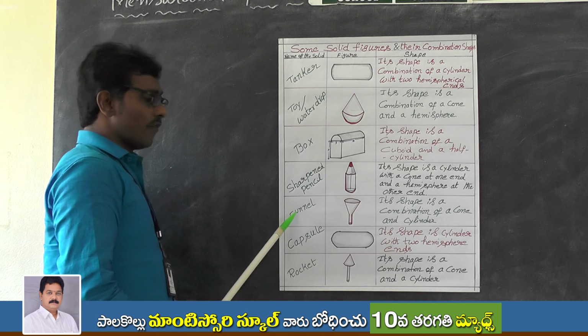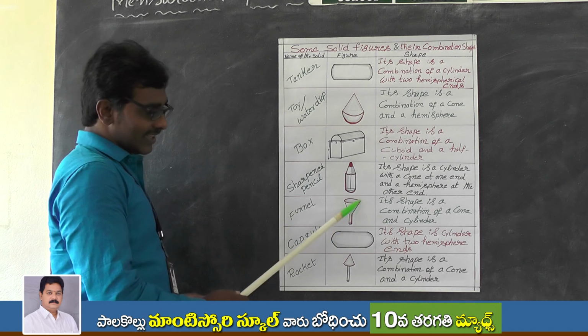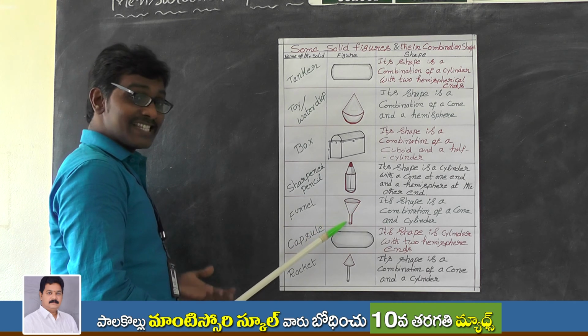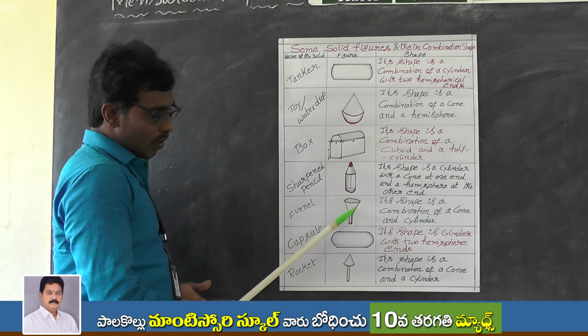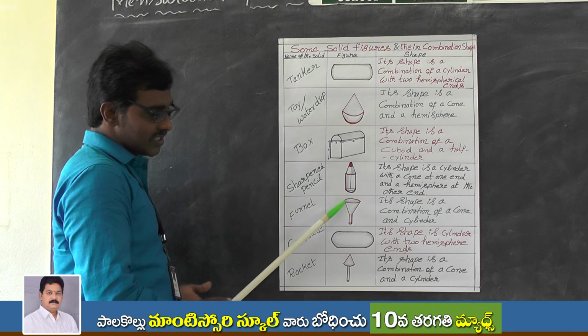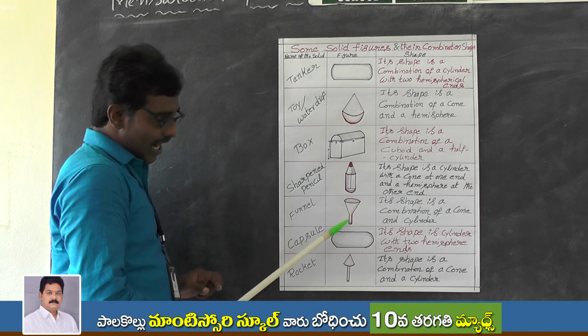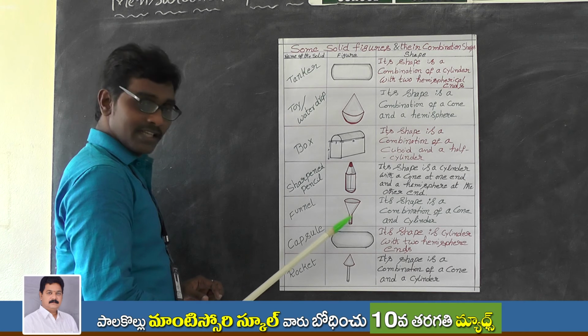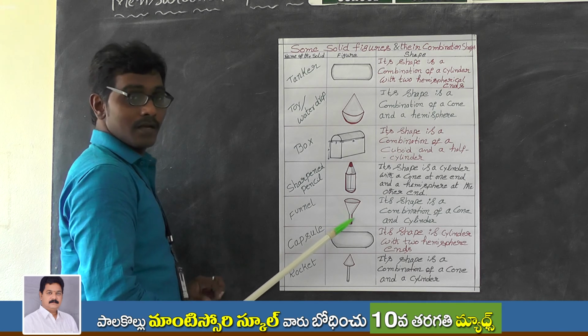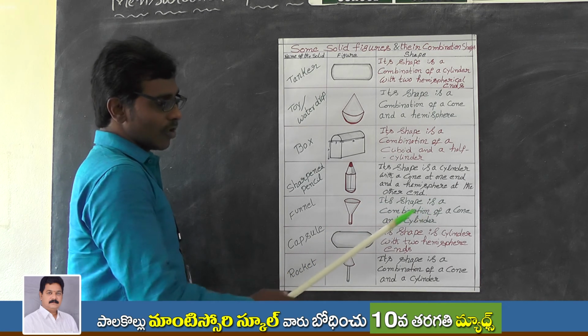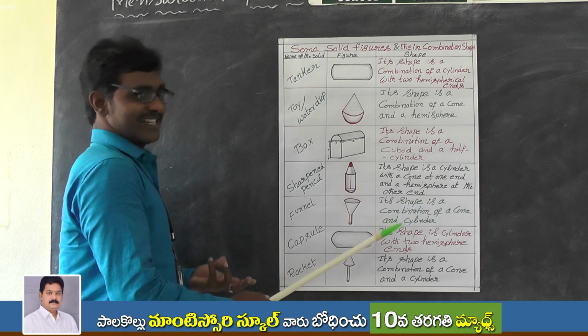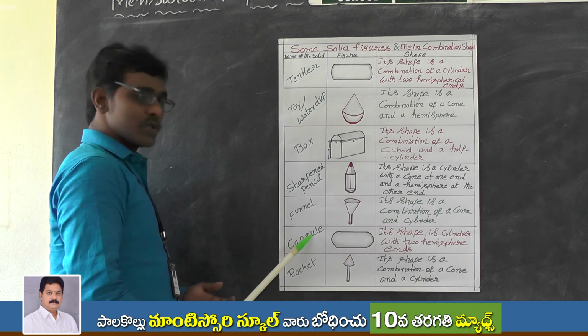Okay, next one, funnel. What do you guess? See here, this is a reverse cone, and the downside vessel is a cylinder shape. So its shape is a combination of cone and cylinder. Next one, capsule.